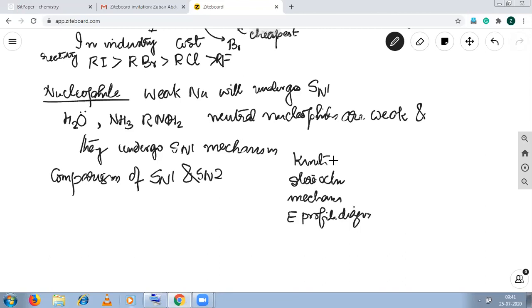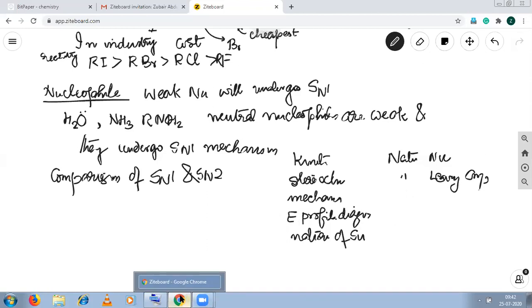Do one thing: prepare a table for this without looking at the textbook. Then you can compare nature of substrate, what type of substrate for each one of them, nature of nucleophile, nature of leaving group, and then solvent also, but there is no description of the solvent. It's okay. So these are the aspects of the two types of SN1 and SN2 reactions.